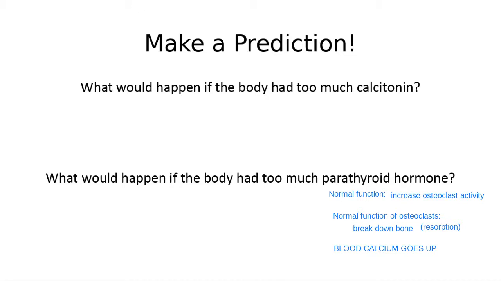So we said what it does and who it talks to, but the other thing parathyroid hormone does is it increases blood calcium level. The overall big picture, why do I need parathyroid hormone? Because this is a hormone that increases the level of calcium in the bloodstream.